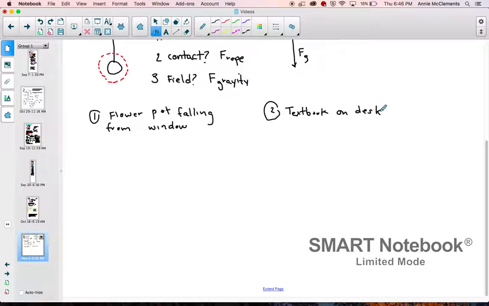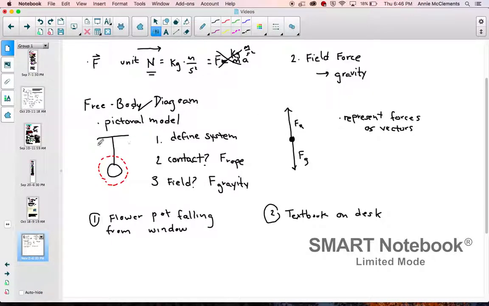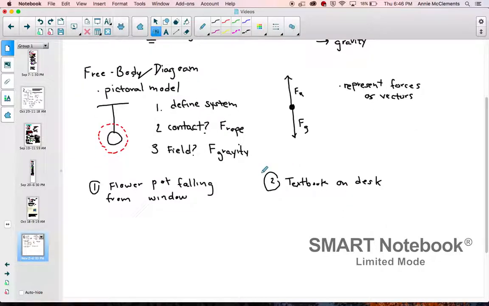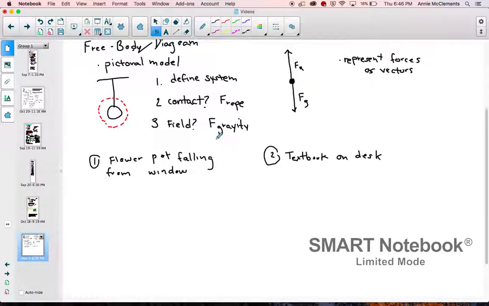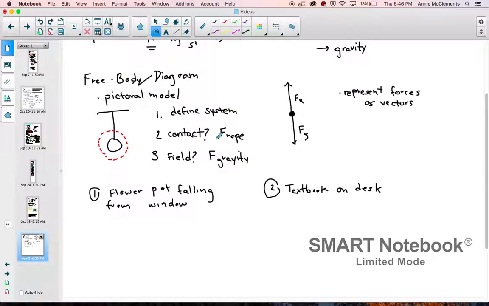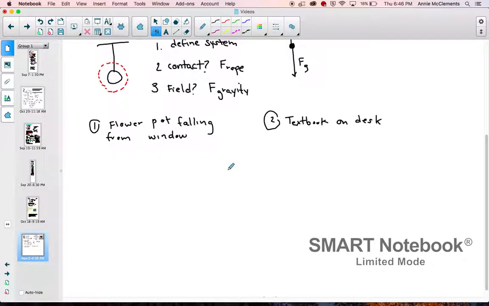Using this idea, define the system. In both cases, you're going to want to keep the system small. So the flower pot will be my system, and the textbook. See if you can identify what forces are acting on these things and draw free body diagrams. So go ahead and pause the video, sketch these in the notebook, and then I'm going to go over them when you get back.